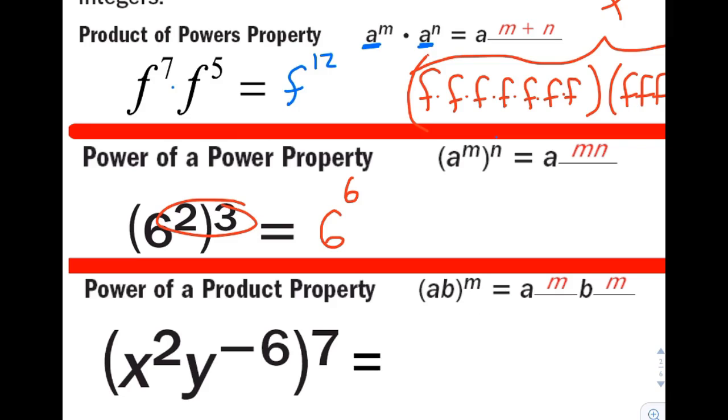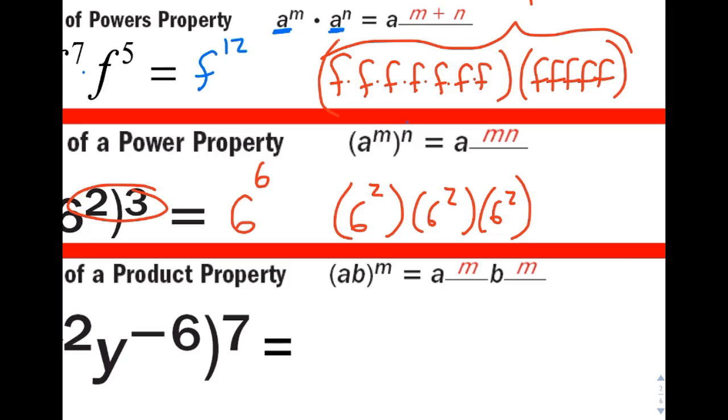Much like the product property, we can actually write this one out. Remember what 6 to the 2nd to the 3rd really means is 6 to the 2nd times 6 to the 2nd times 6 to the 2nd. And therefore we could just go back to our product property, the one above, and say, well, this is going to be 2 plus 2 plus 2, and you end up with 6 to the 6th.